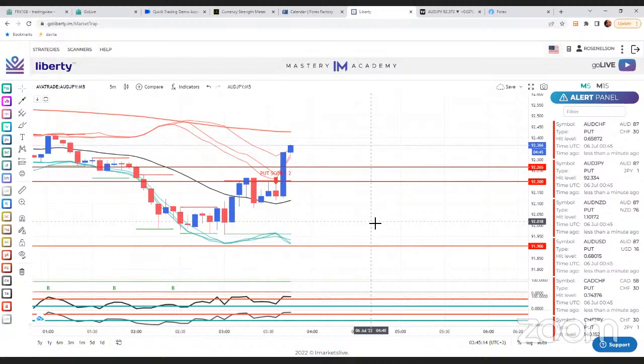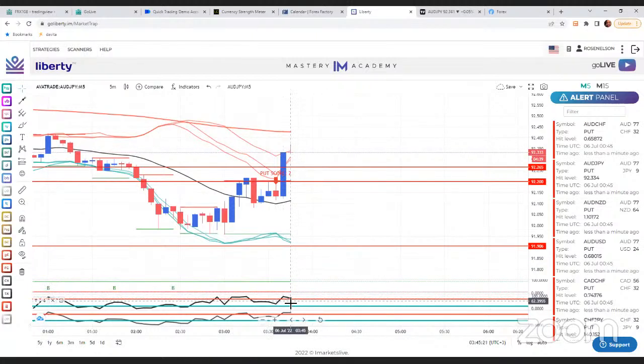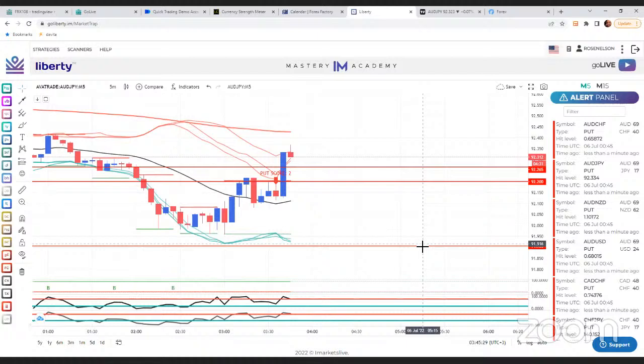But we have to wait for this thing to cross down. It's crossing, it's crossing. As soon as it crosses down and goes a little bit down, especially RSI. RSI is a stronger determinant, so I would wait for RSI to cross down. It's more of a confirmation with RSI.